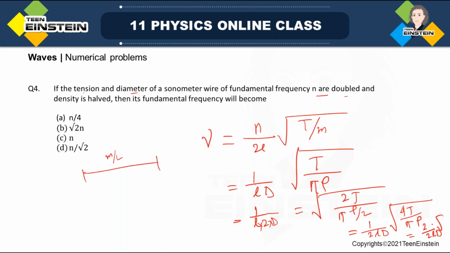That means, density is halved, tension is doubled.